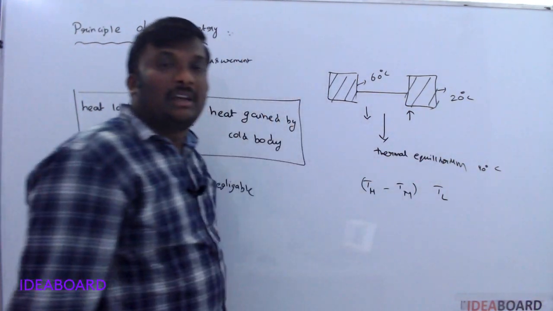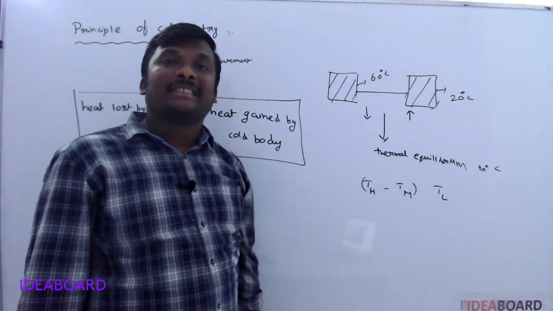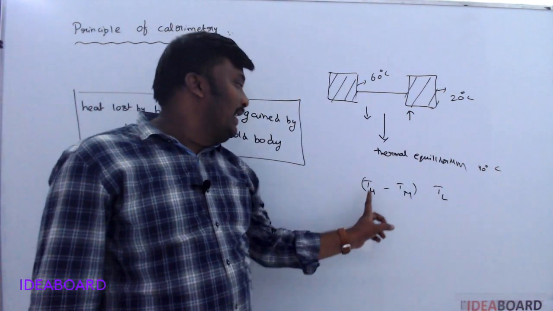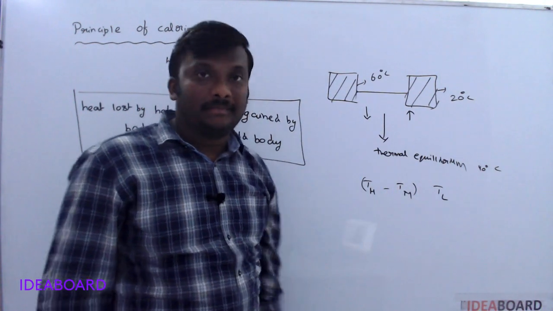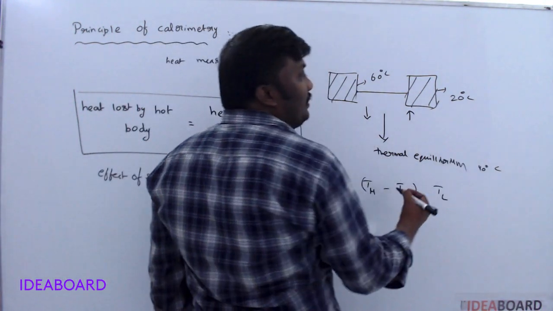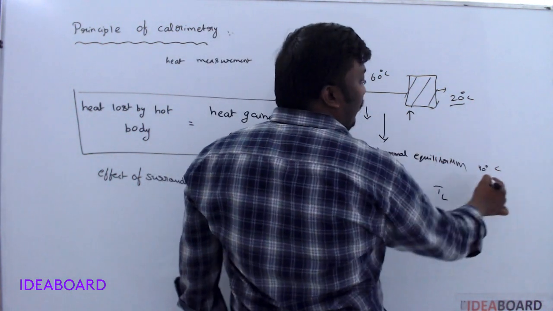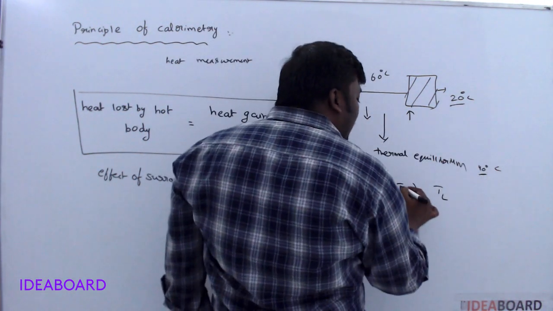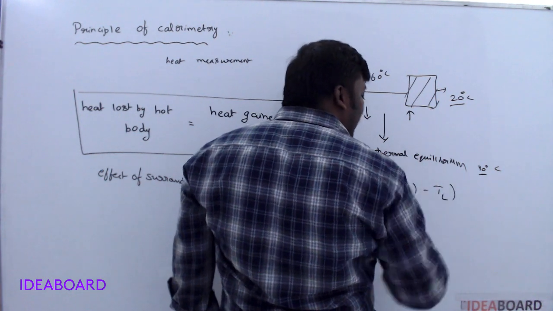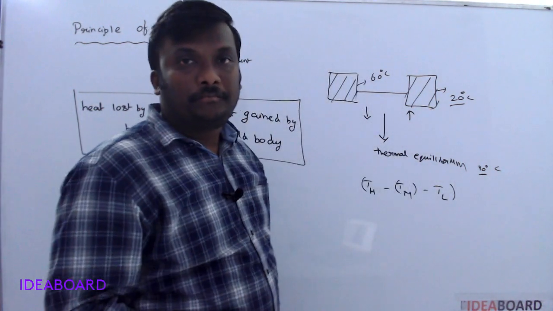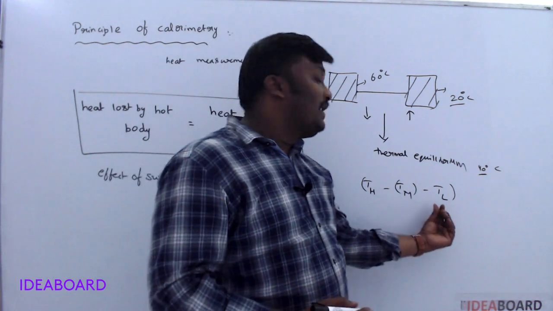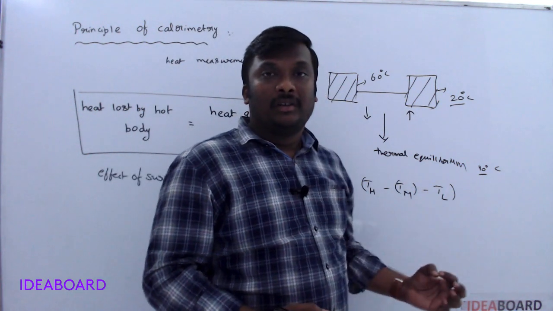The temperature difference in the hot body is TH minus TM. And the temperature gained by the cold body: initially it is 20, now it is 40. So you make TM minus TL. This is the temperature difference for the cold body.